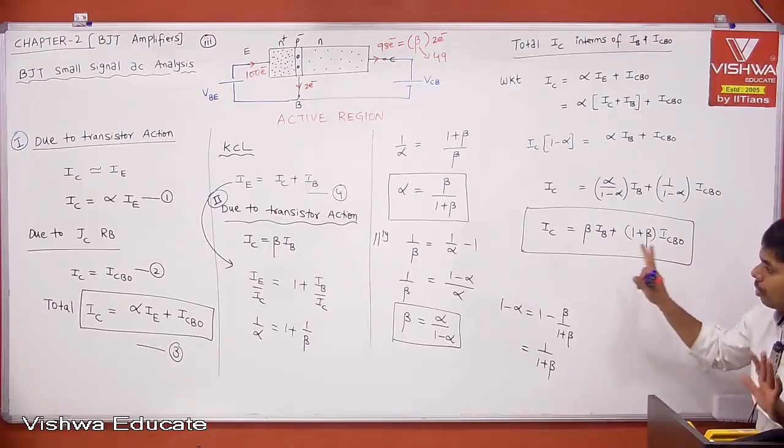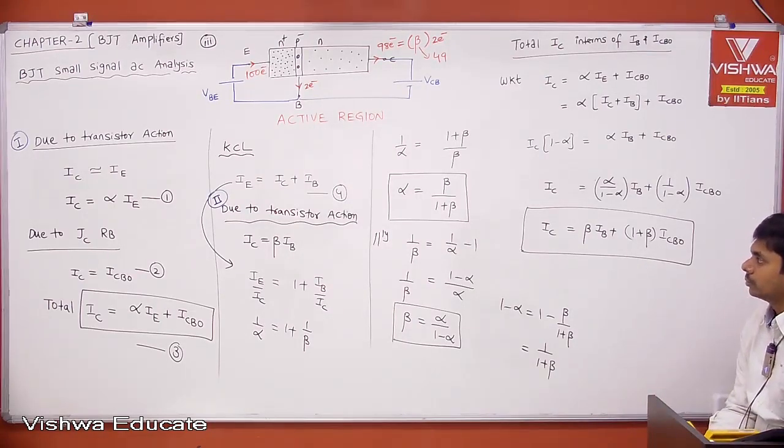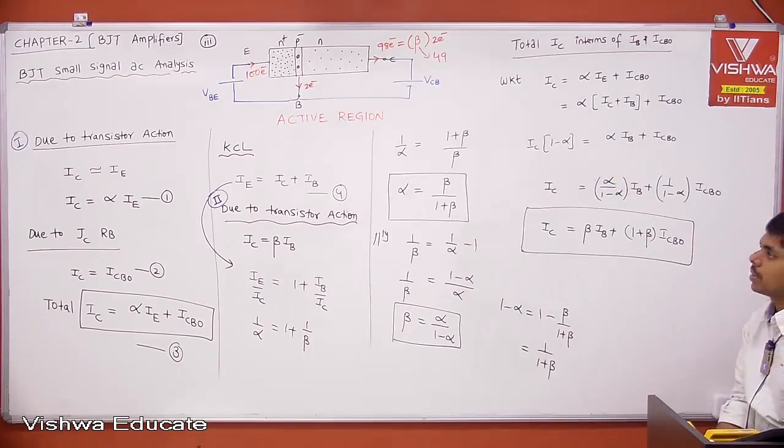The equations which are in the box, those things only you can take as granted. You have to draw again the cross sectional view of your BJT separately under point number 3. I will stop now. Let's continue in the next session.